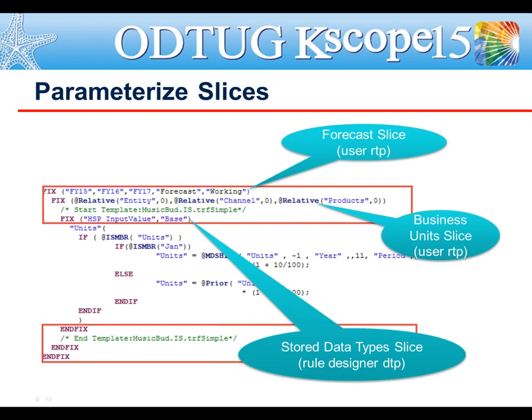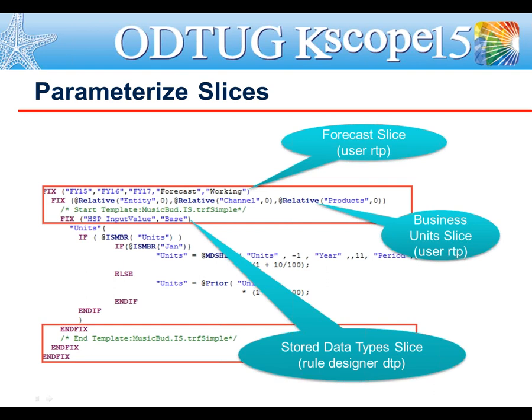Slice 3 is what I'm calling the stored data types fix. And that's kind of a techie slice that identifies the base member from my view dimension, because that's going to be a stored member where most of my input is, and the HSP input value member if this is a planning application.